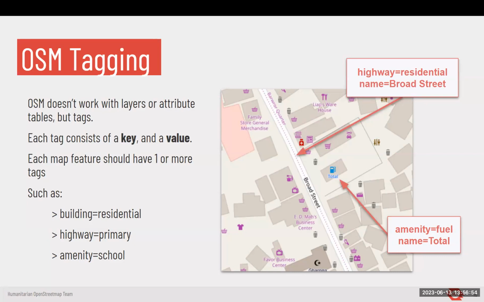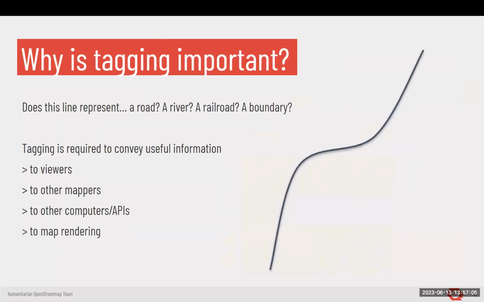In our language, school is school, but how do we say it in OSM? Why is this important? It can require building equals school and amenity equals school, etc.